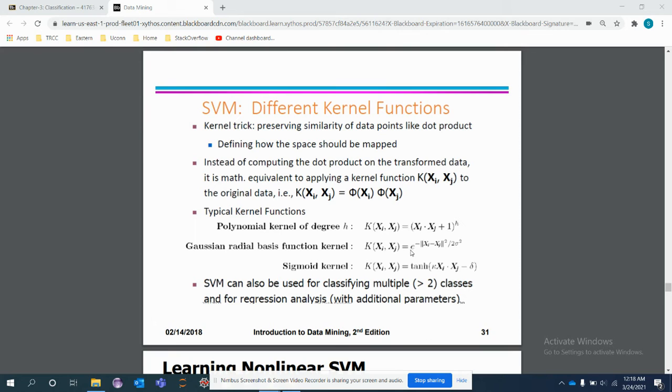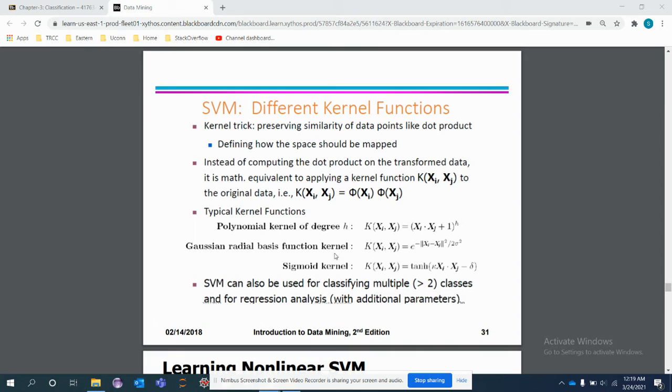Here, if you see the kernel functions, each of them has different parameters. The xi, xj are nothing but the two-dimensional points, and the polynomial kernel is provided in this formula here, where h is the degree of the polynomial used in the equation.